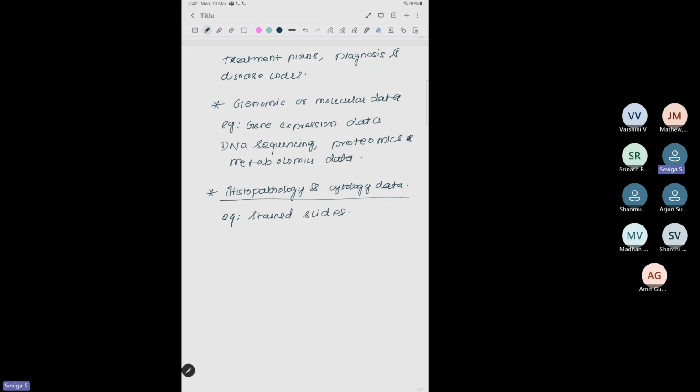Immunohistochemistry, receptor status assessment such as ER, PR, HER2, or immunohistochemistry data, blood smears, and cytology data.